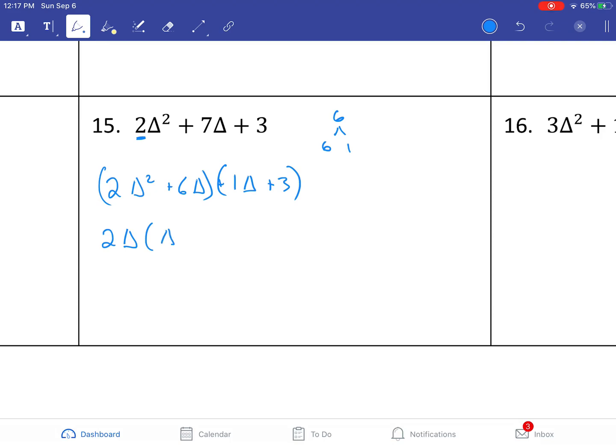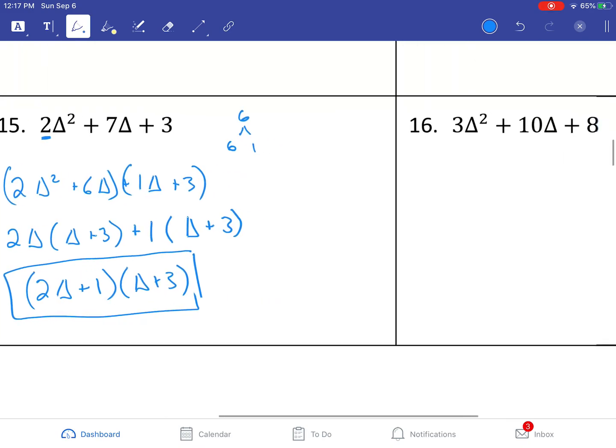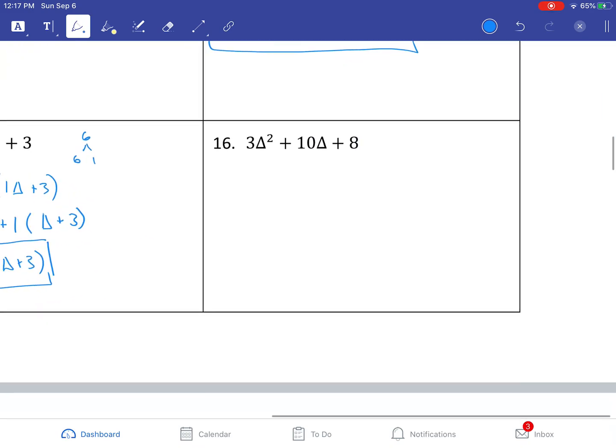So I'll be left with triangle plus 3. All right, and then 1 triangle plus 3, there's not really anything to take out, but you can always take out a 1. Left with triangle plus 3. So then take the stuff that's on the outside, the 2 triangle plus 1. That's your first factor, and triangle plus 3 is your other. All right.